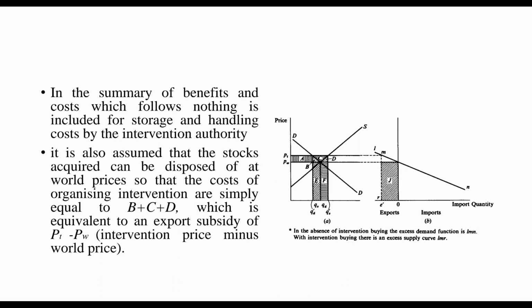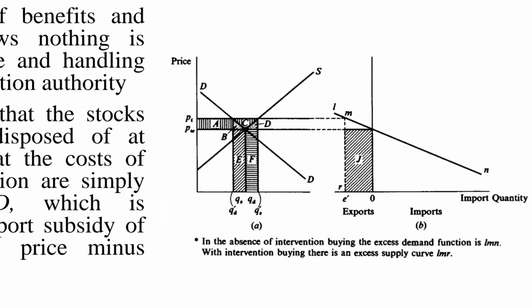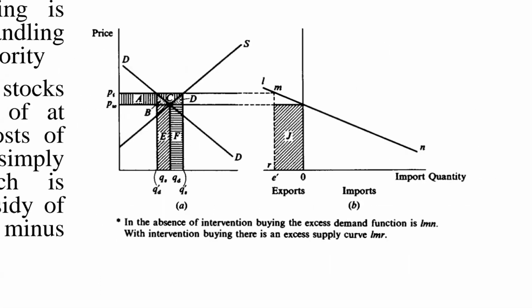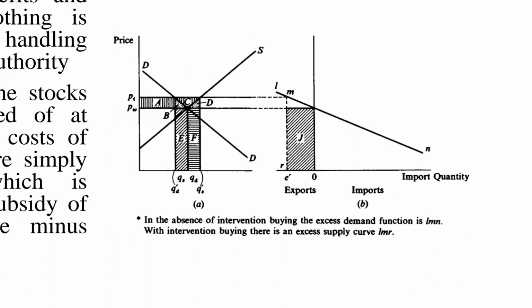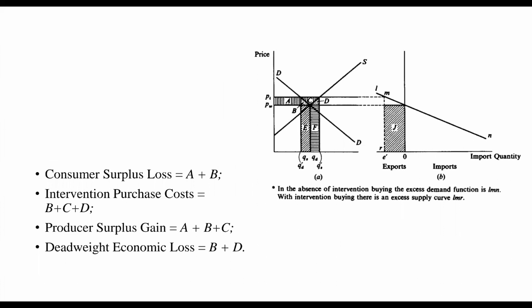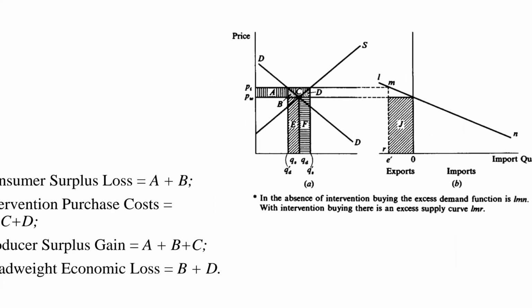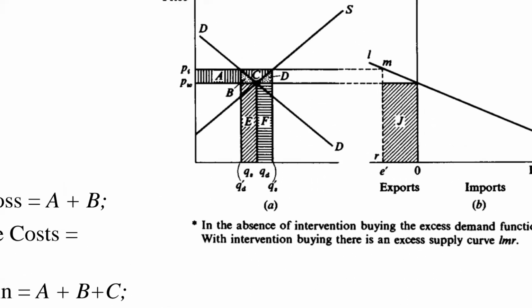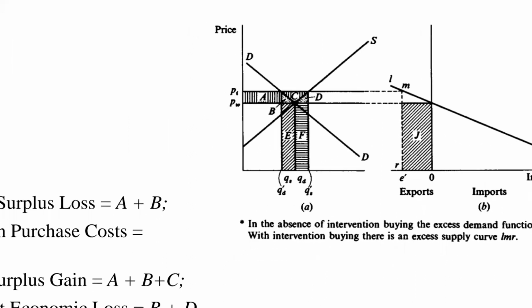In the absence of intervention buying, the excess demand function is LMN. With intervention buying, there is an excess supply curve, LMR. Consumer surplus loss, ABC.